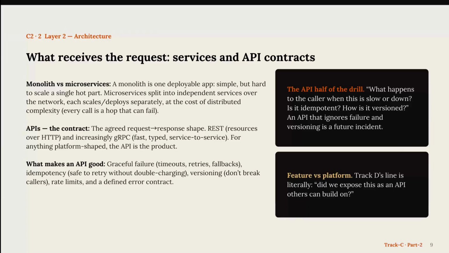APIs and the contract, this also changes. Imagine you have to give a request and get a response.